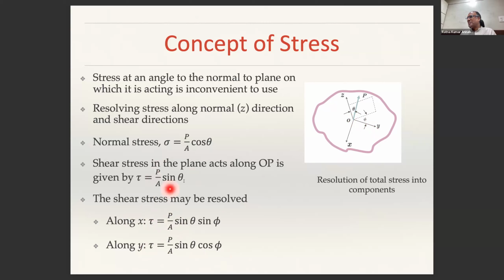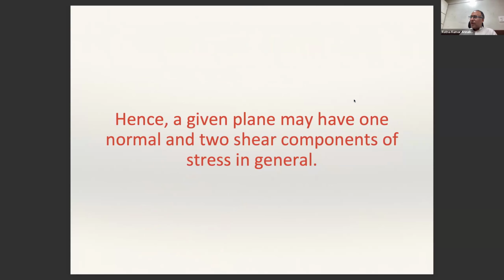This P by A sin theta is the resultant shear stress acting along OP here. So this is how we define a normal stress and shear stress. A given plane may have one normal and two shear components of stress in general.